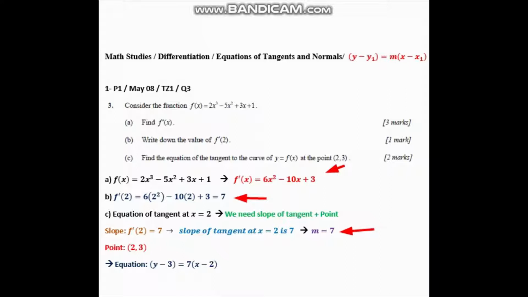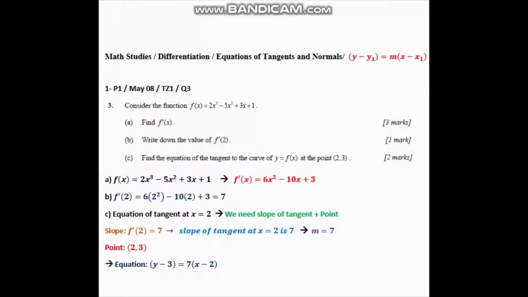And I also know that we have the point (2, 3), and we want to evaluate the equation of the tangent at this point. Hence, the equation shall be y minus 3 equals 7 times x minus 2. I have simply plugged x1, which is the 2, into this formula right there.